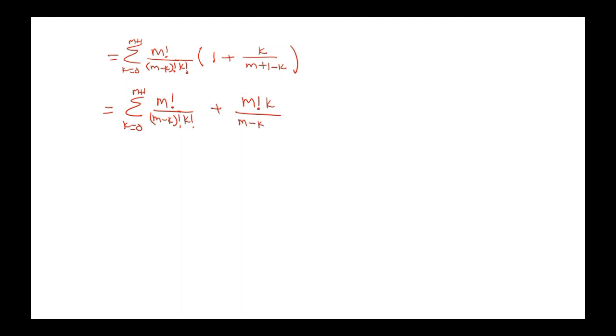But what happens when you multiply this one with this one here? You get m minus k plus 1 factorial, then by k factorial.